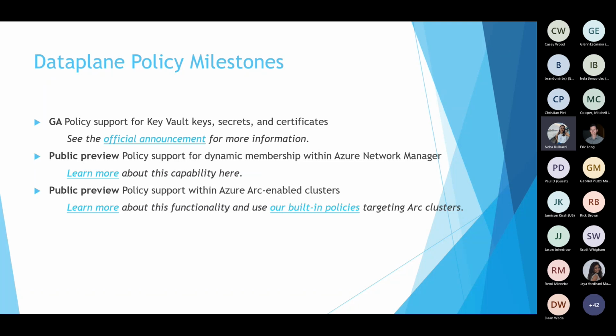We'll be happy to share the official announcement in the chat again, but you can do things like flag secrets that are close to or at expiration, restrict allowed key types, enforce specific amount of days that keys can be valid, and do similar capabilities for your secrets and certificates as well. So we encourage you to check that out.